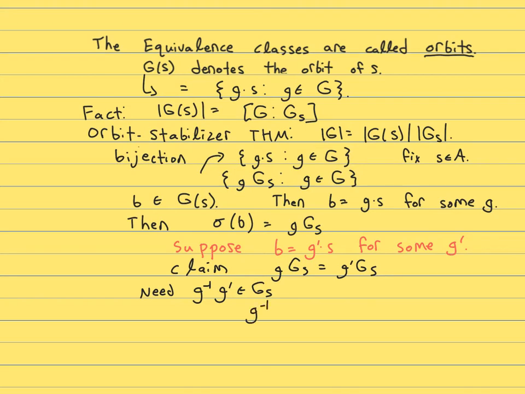Well, just compute G inverse dot G prime dot S. By definition, that's G inverse of G prime S, which is G inverse of B. But at the same time, we could write B as G dot S.